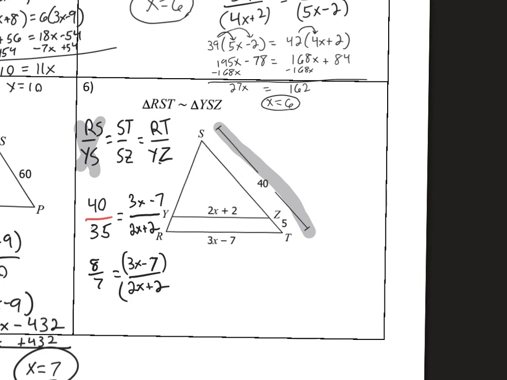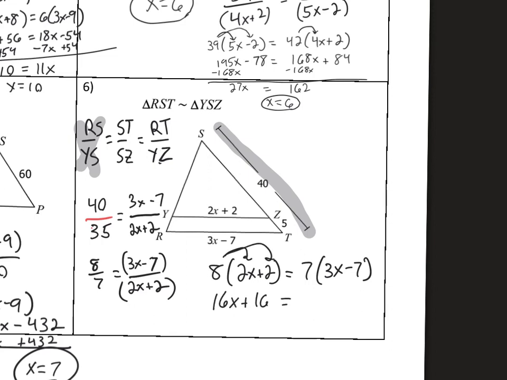But we are going to have to solve this proportion, and it will be 8 times 2x plus 2, and that equals 7 times 3x minus 7. Distribute. 16x plus 16 equals 21x minus 49.